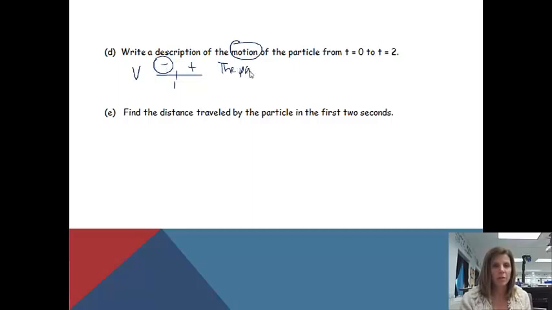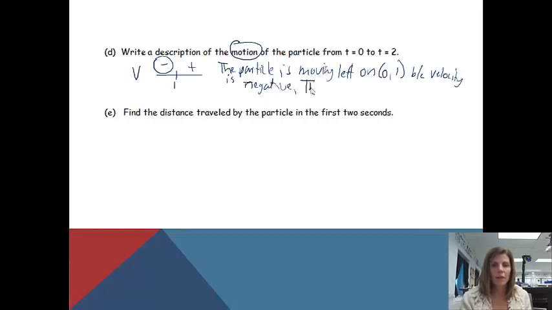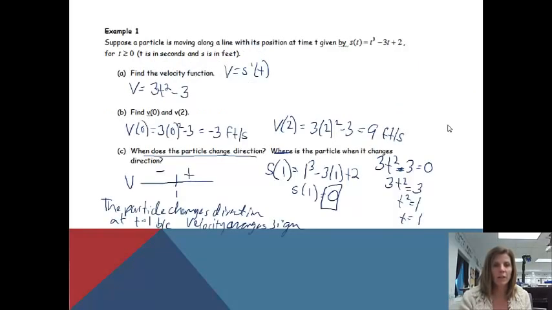So we could say the particle is moving left on the interval 0 to 1 because velocity is negative, and the particle is going to be moving right from 1 to, did it give us something?